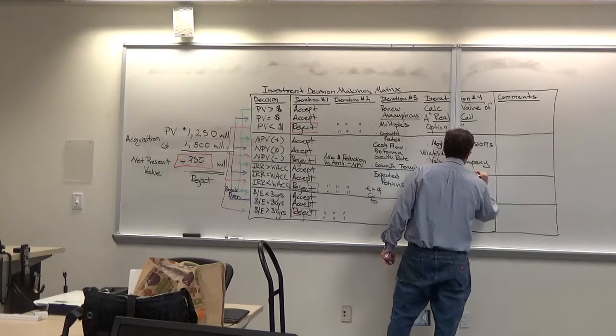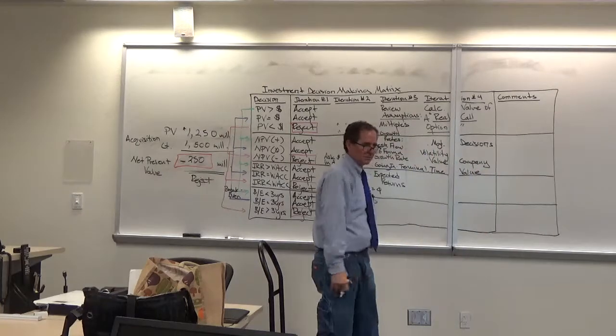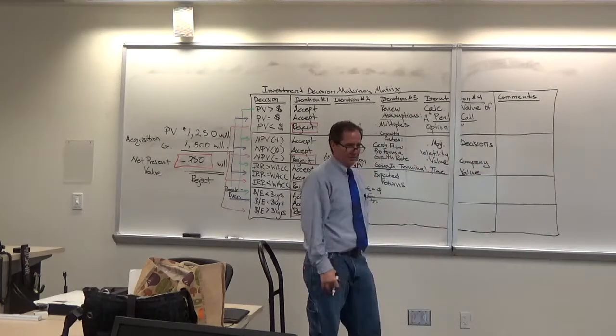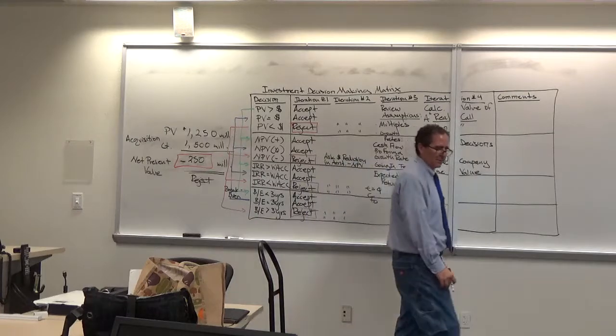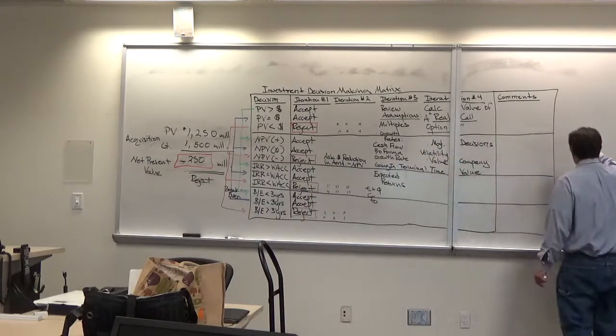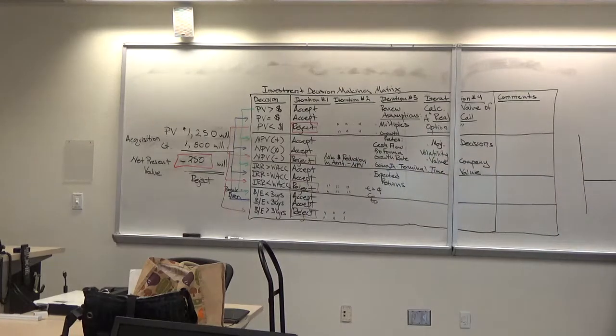Options are long. They're 3 years. They could be 3 years in the making. So here's what a call option looks like. You have some exercise risk, the value of the company, what you're going to get paid for.